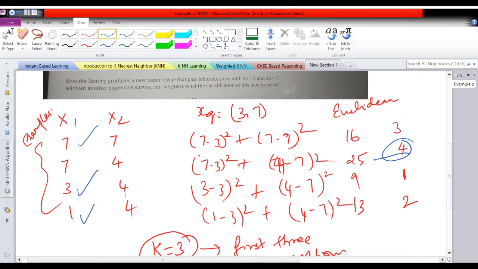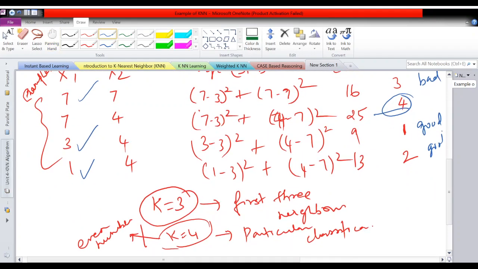So now for example, we have given the target. This particular example is a bad tissue paper example, and these two are classified as good tissue paper examples. So when you see the majority of the nearest neighbors, there are two positive examples and one negative example.